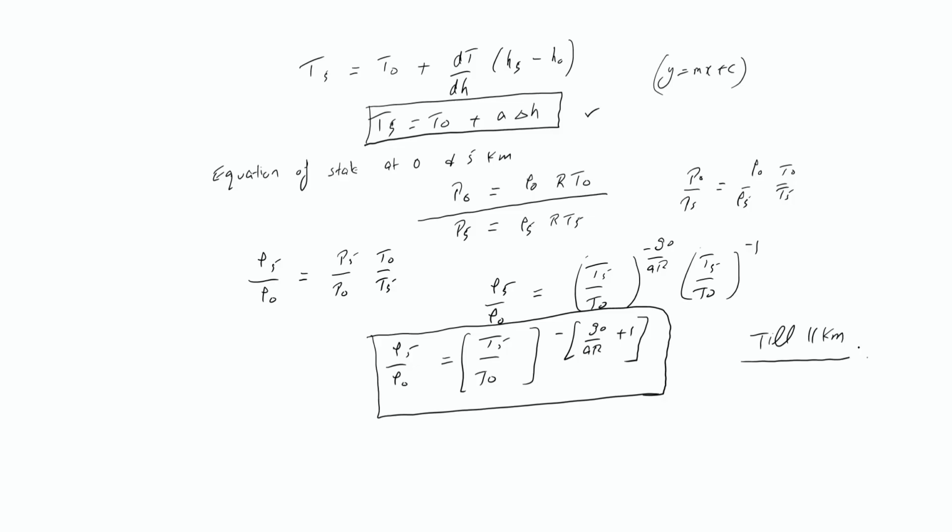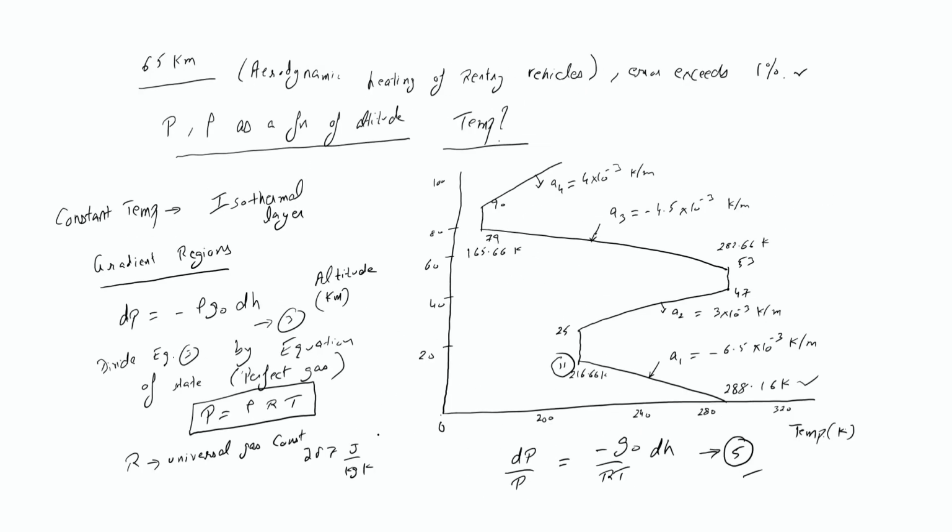Now next we'll focus on considering the isothermal layer. Here we have temperature as constant. So that means temperature will remain at 216.66 Kelvin, the same as the temperature at 11 kilometers.